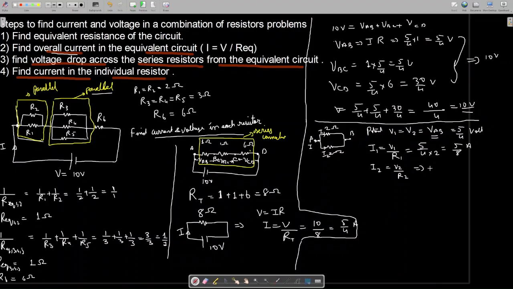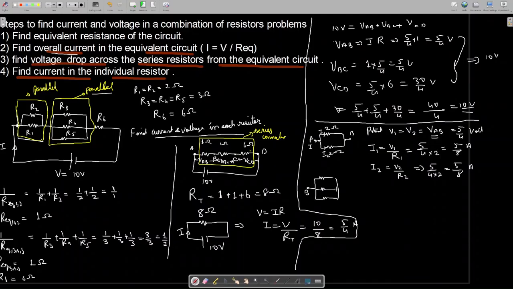Similarly, I2 is also equal to 5 by 4 into 1 by 2 is equal to 5 by 8 ampere. So we have found current I1 and I2.